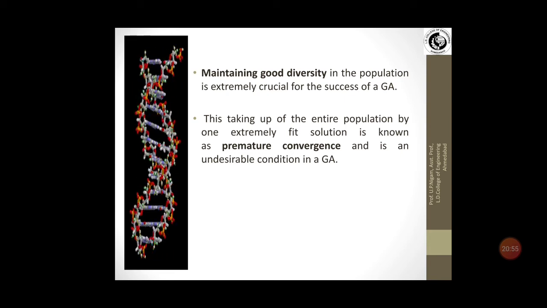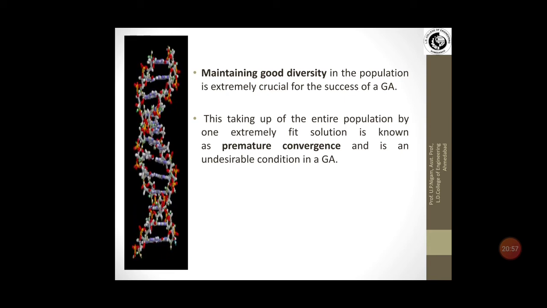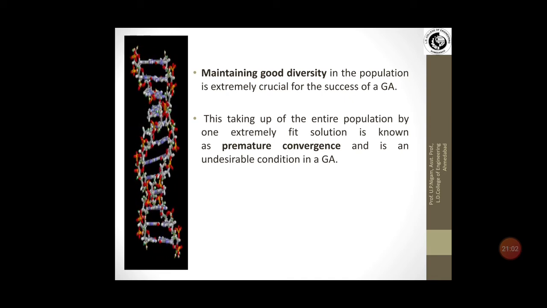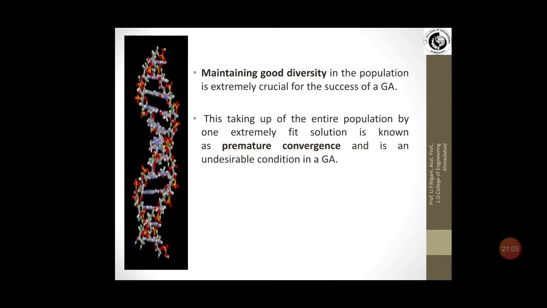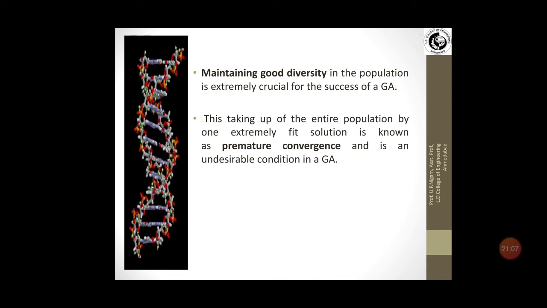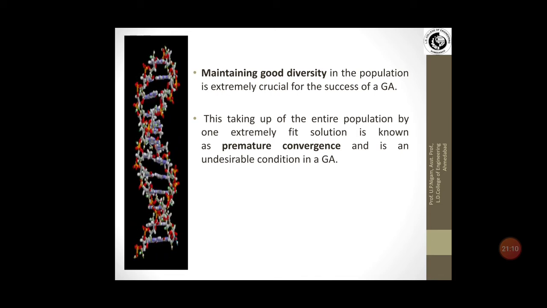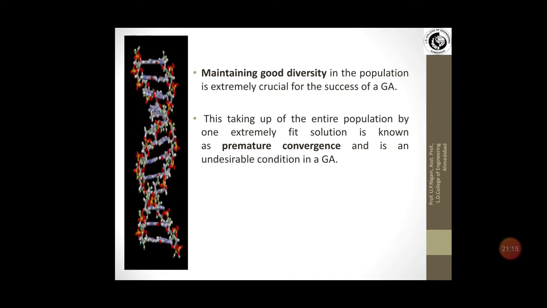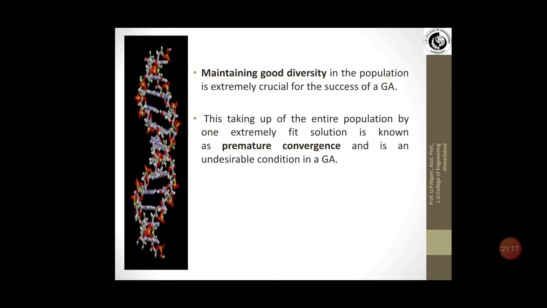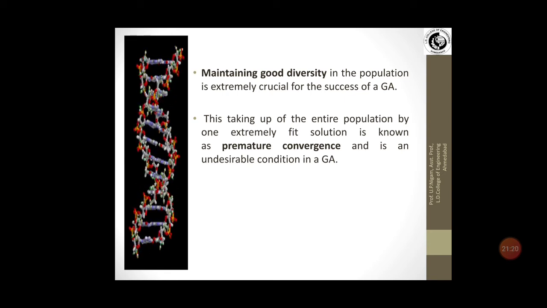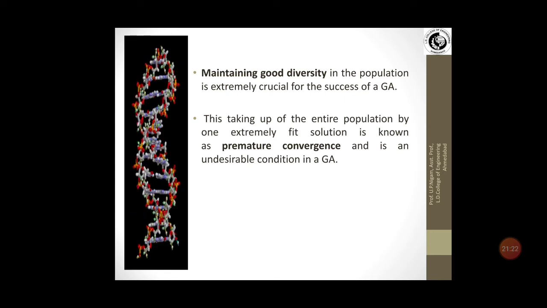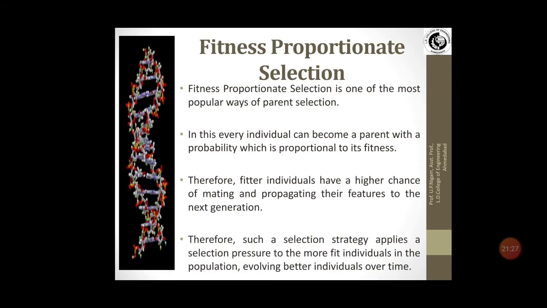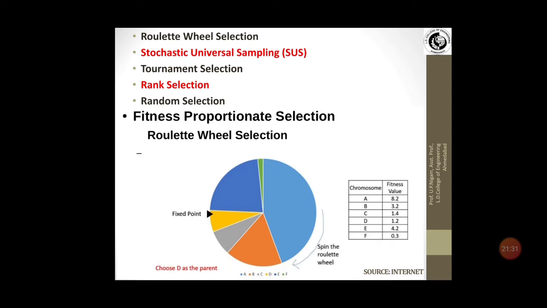The taking over of the entire population by one extremely fit solution is known as premature convergence and is an undesirable condition in GA. Convergence will happen, but bad genes or bad characteristics must not be carried forward into the next generation. It must be stopped. Only good quality genes or good quality offsprings must be carried forward to the next generation.